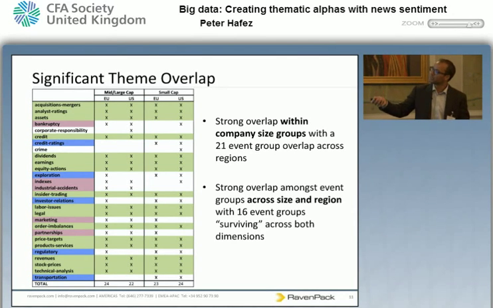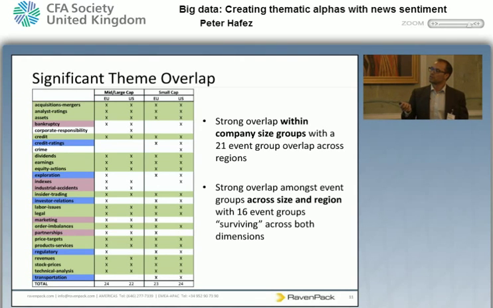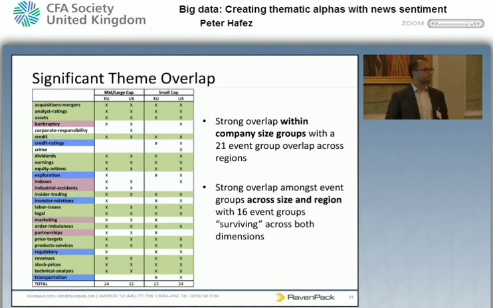They may be slightly different, but generally you see some robustness across size buckets and across regions. But you also see it across all 4 groups. So you have 16 event groups or themes that are statistically significant across all 4 dimensions, across market cap as well as across regions. And I think that's quite a strong result for robustness here.